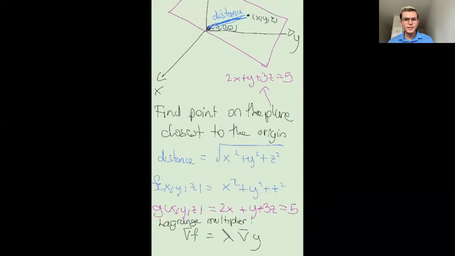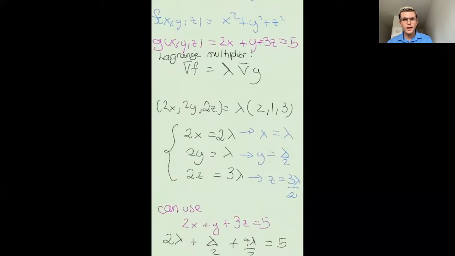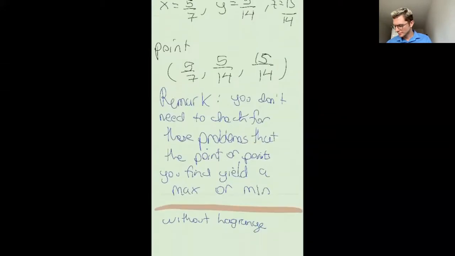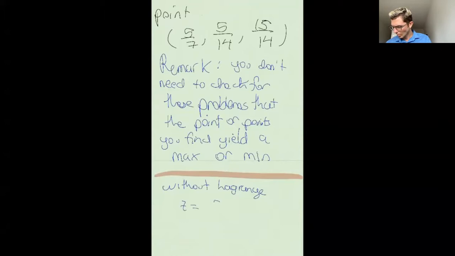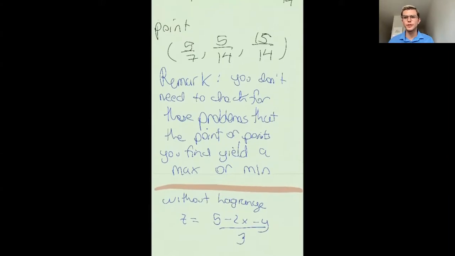So you can say z equals 5 minus 2x, because you use the equation of the plane to solve for z.